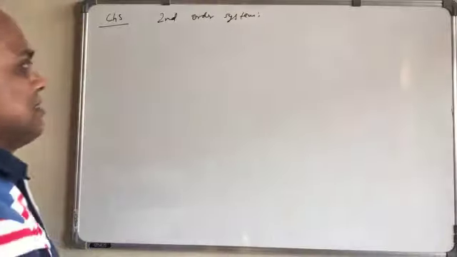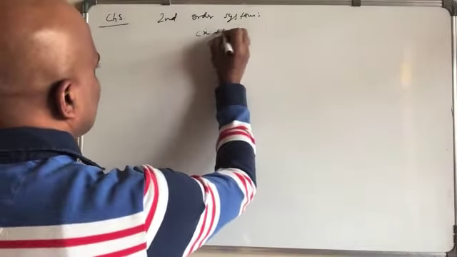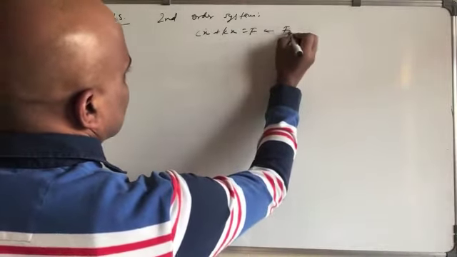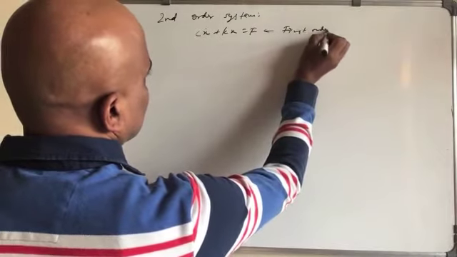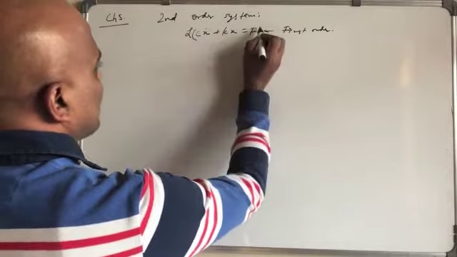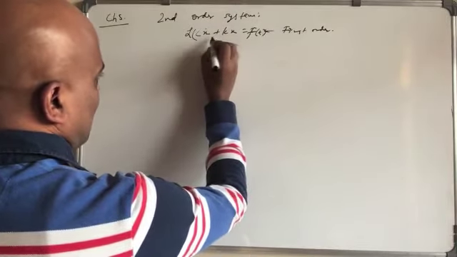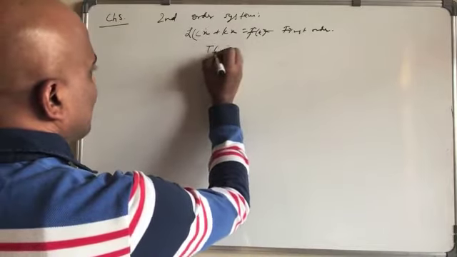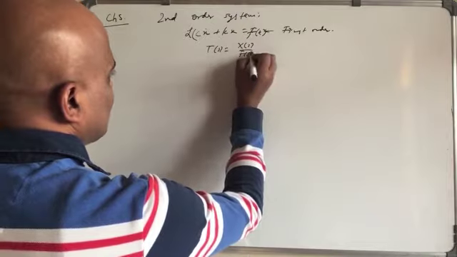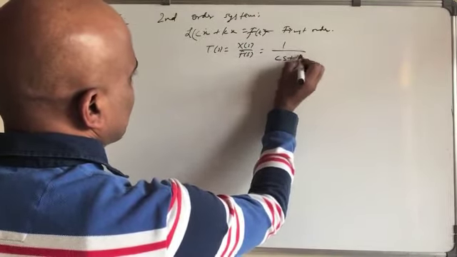For the first order system, the differential equation, as we studied, is c x dot plus k x equal to f. This is the first order system. We took the Laplace transform of f(t) and got the transfer function X(s) over F(s) equal to 1 over cs plus k.